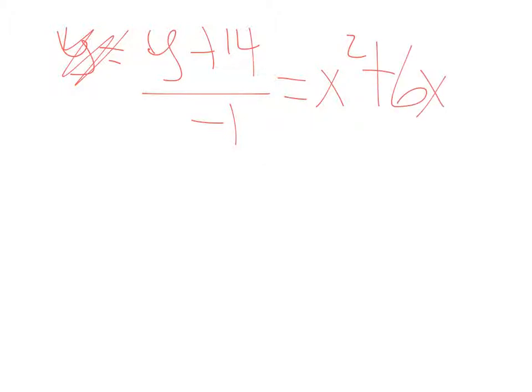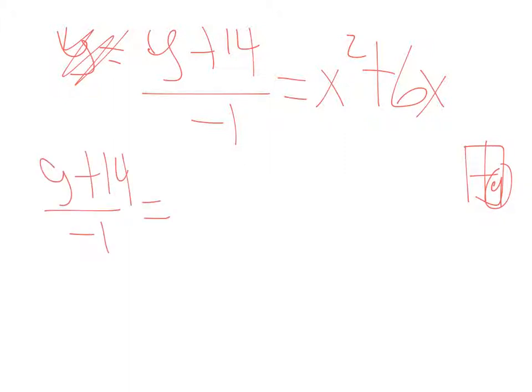And I need to finish completing the square. So how do we go about doing this? Well, as we said before, we've got to add 9 to complete that square. So we've got y plus 14 divided by negative 1 equals, oops, I need to add 9 to both sides.